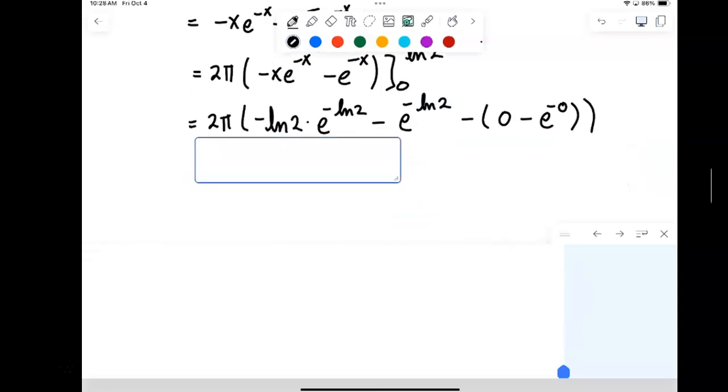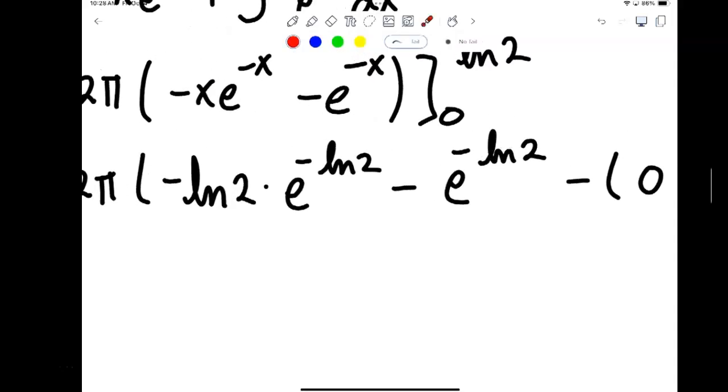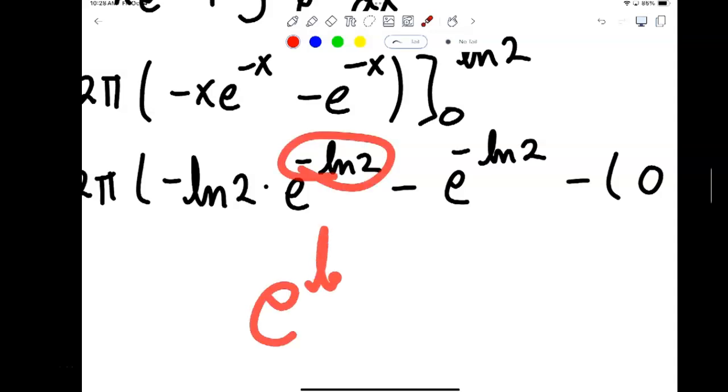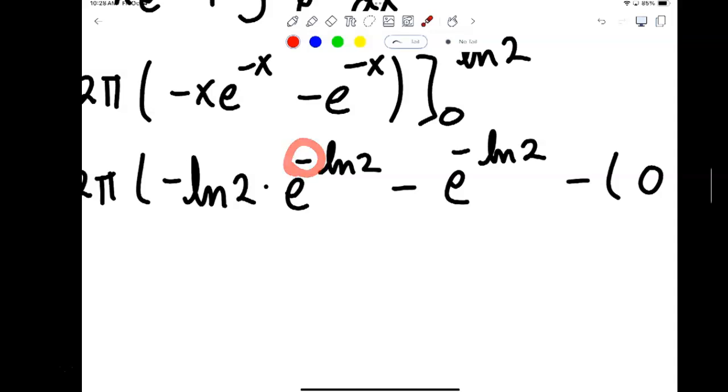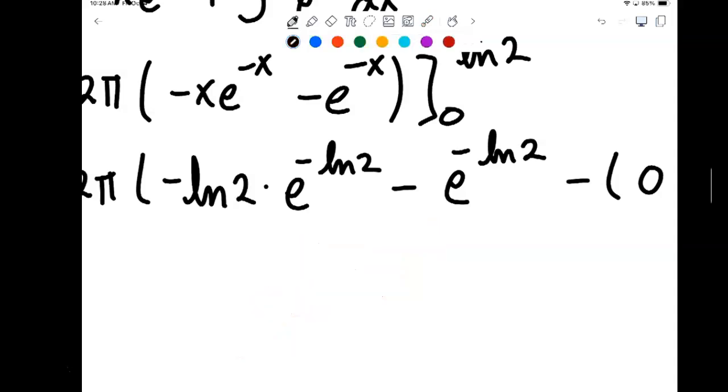Okay, so evaluating this. To evaluate e to the minus ln of 2, if it was just e to an ln, they would just cancel out. So what I can do is absorb that exponent in and think of that as e to the ln of 2 to the minus 1. Then the e and the ln will cancel out, and it's just 2 to the minus 1, which is better known as 1/2.